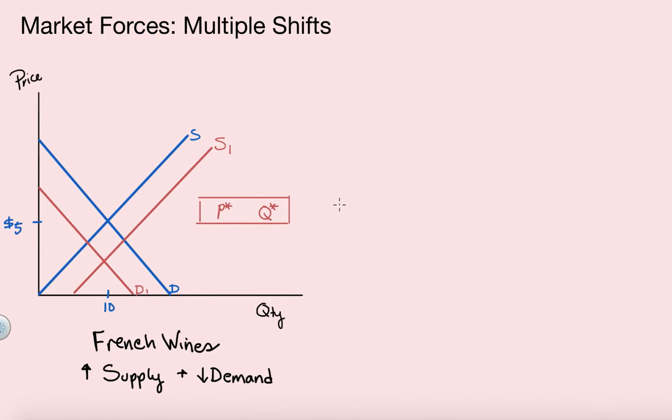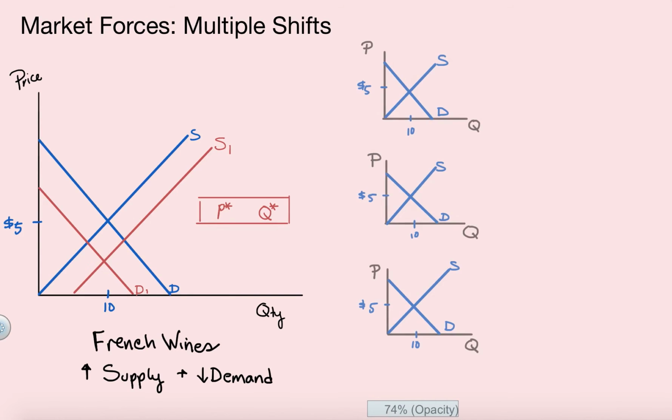Well, according to this graph, it looks like the price is going to definitely fall for French wines, but it looks like that the quantity that's being bought and sold is going to stay about equal. Well, that is one possible outcome. When we are graphing two different events on the same market, there are actually three different outcomes that could happen.